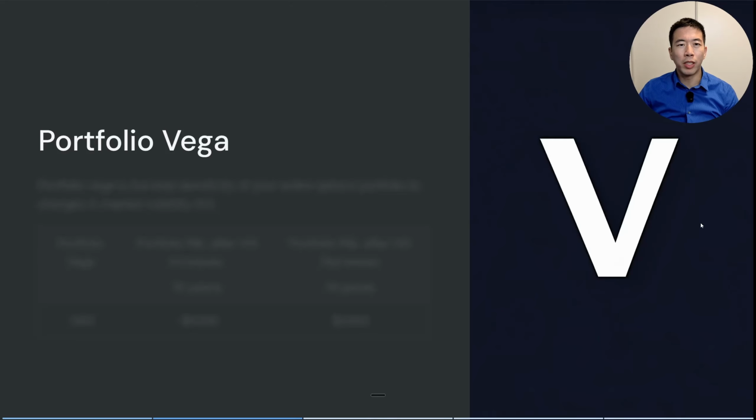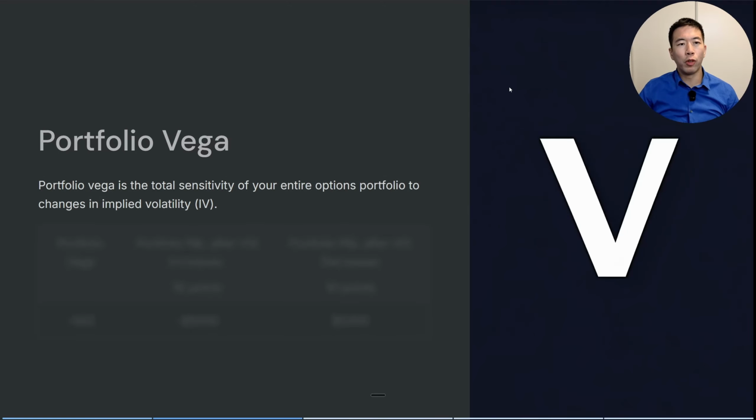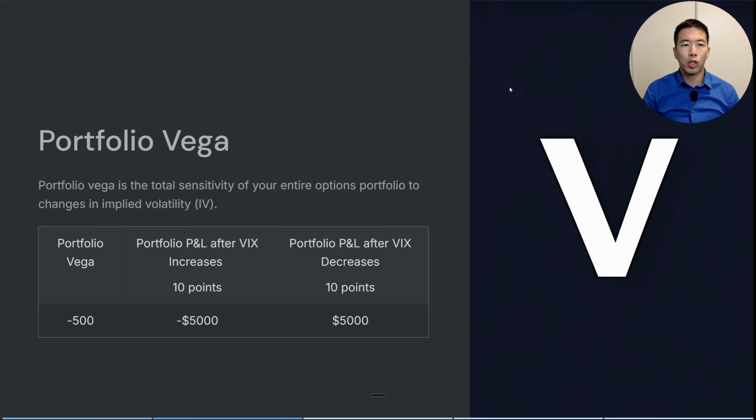The next thing we need to go over is Portfolio Vega. What Portfolio Vega means is the sensitivity of your entire options portfolio to changes in IV. When we're talking about IV at a portfolio level, we're talking about the VIX. So let's say our Portfolio Vega is negative 500 right now.